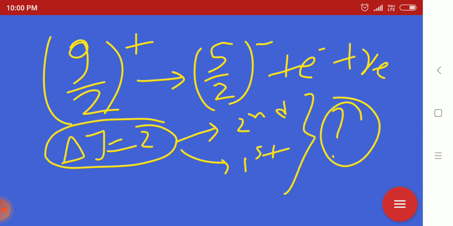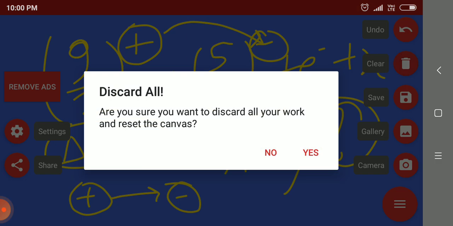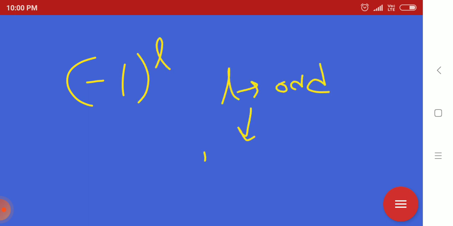We can tell only on the basis of parity. Here you can see that parity is changing: plus parity is changing to minus parity. That means (-1) to the power L has L odd, so L can be 1, 3, 5, and then parity can change.